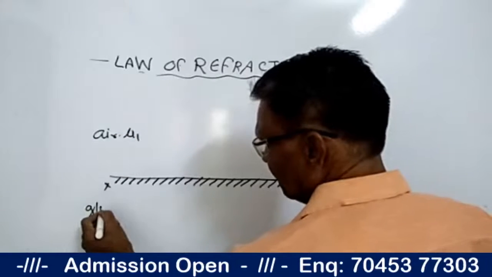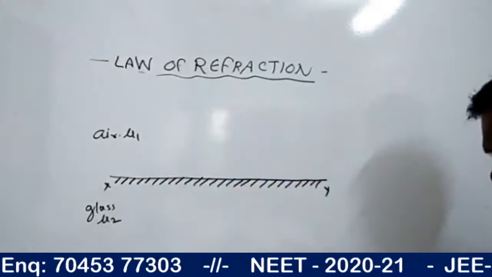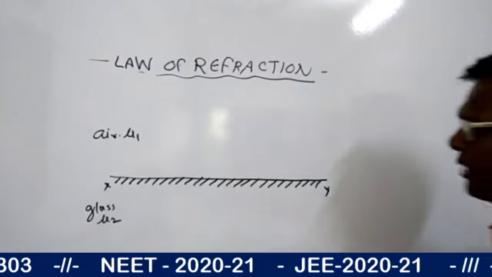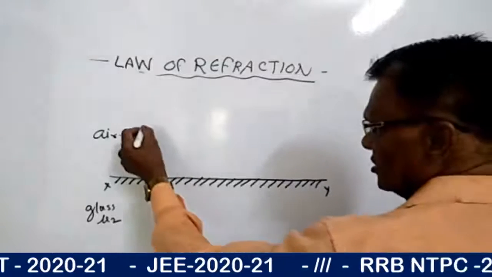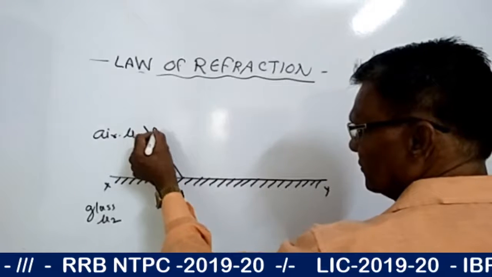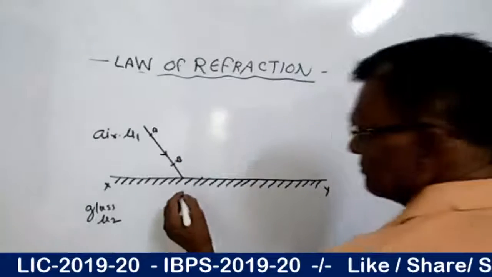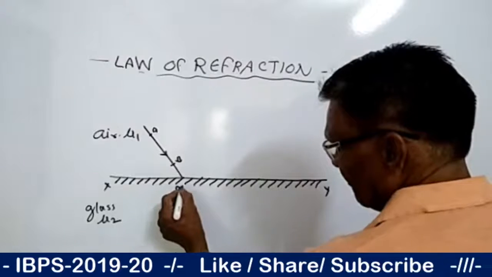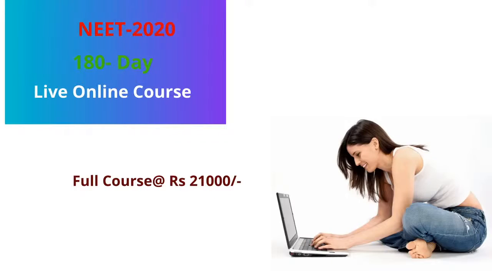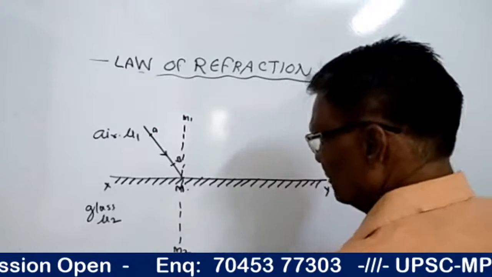Here glass is medium, refractive index mu2. Now, this is your incident ray. You can say AB is incident ray on the point, you can say M. And this is your normal, that is M1, M2 is the first normal.